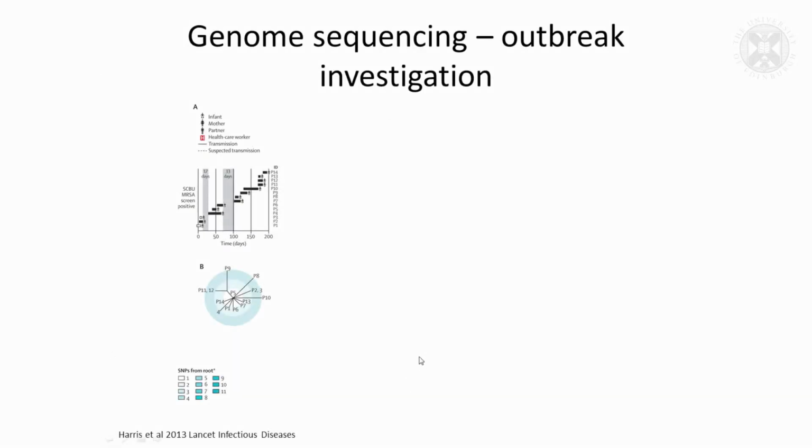But there's an example here where there was an outbreak in a hospital. So it was in a neonatal hospital. And you can see here, these are babies, and this is time. And you have babies carrying MRSA in this case. And the grey areas here are times when there was no MRSA found in the ward.